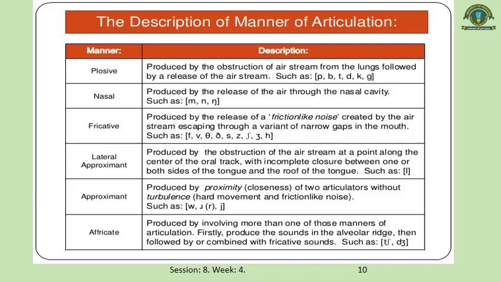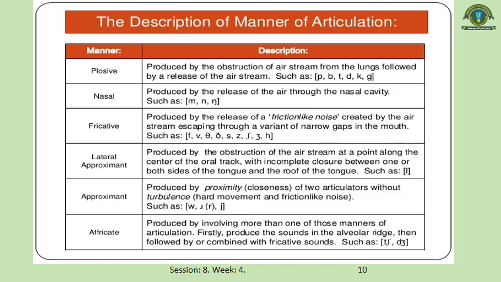Now let's try to understand the manner. Produced by involving more than one of those manners of articulation. Firstly, produce the sound in the alveolar ridge, then followed by or combined with fricative sounds.